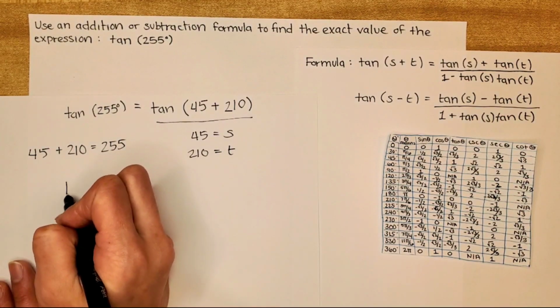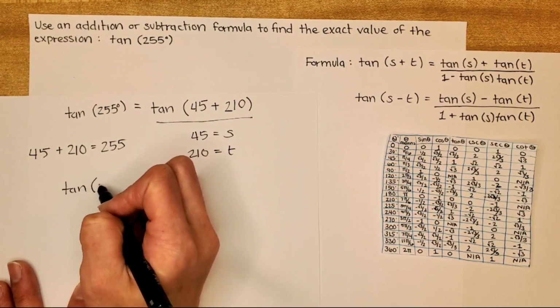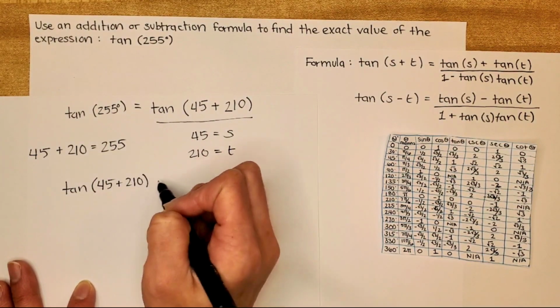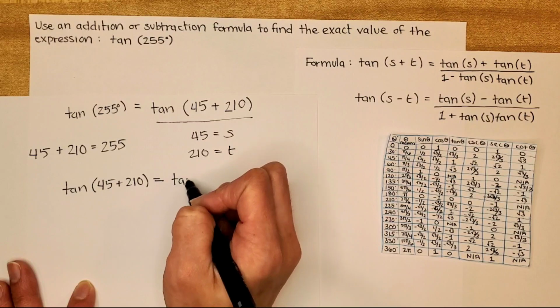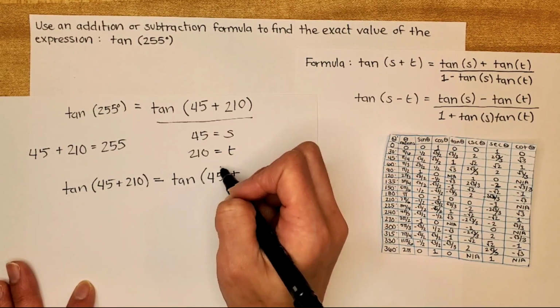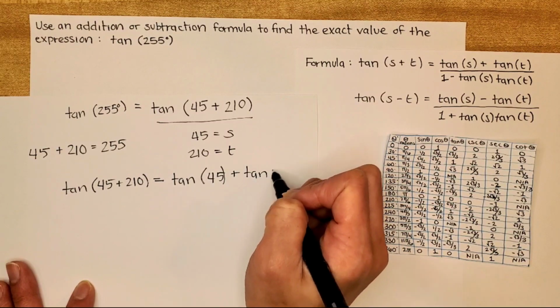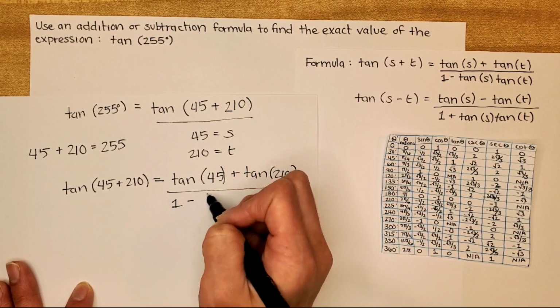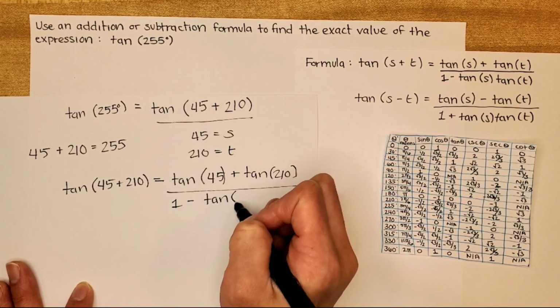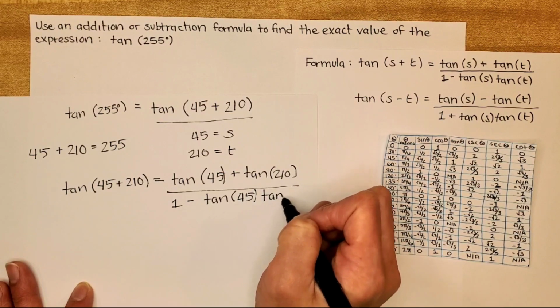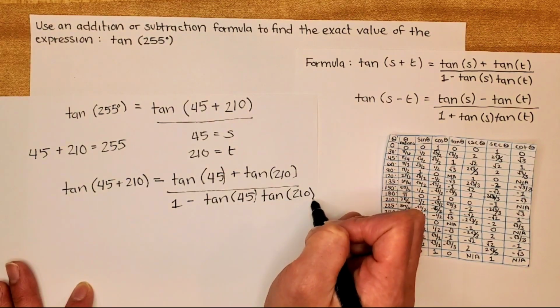And so when we plug that straight into the formula, tangent of 45 plus 210 equals tangent of 45 plus tangent of 210 over 1 minus tangent of 45 multiplied by tangent of 210.